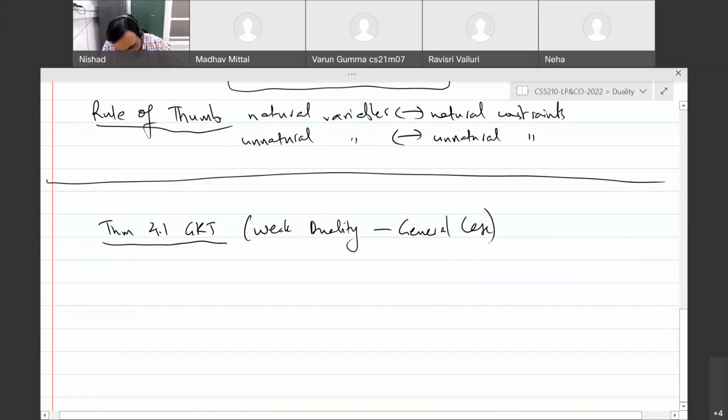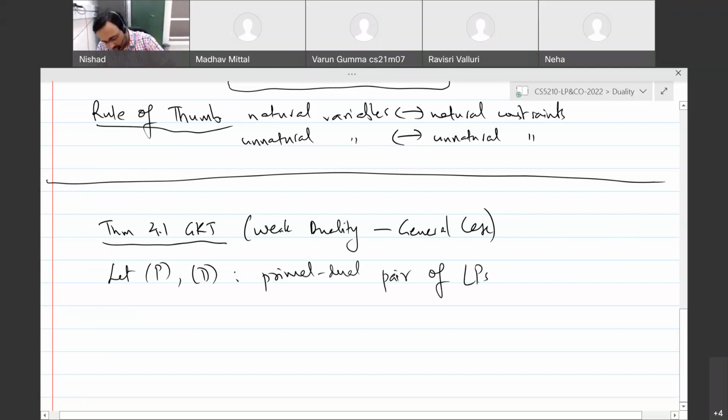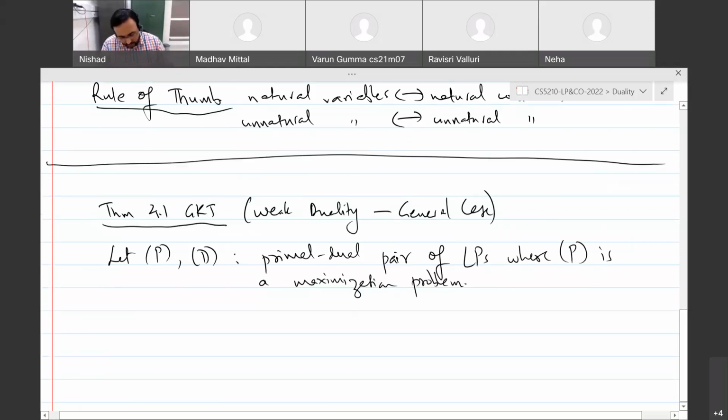So let P and D be a primal dual pair of LPs. Right? So it's standard to use P for the primal and D for the dual in general. And let us adjust notation so that P is a maximization problem. And therefore D will be a minimization problem.